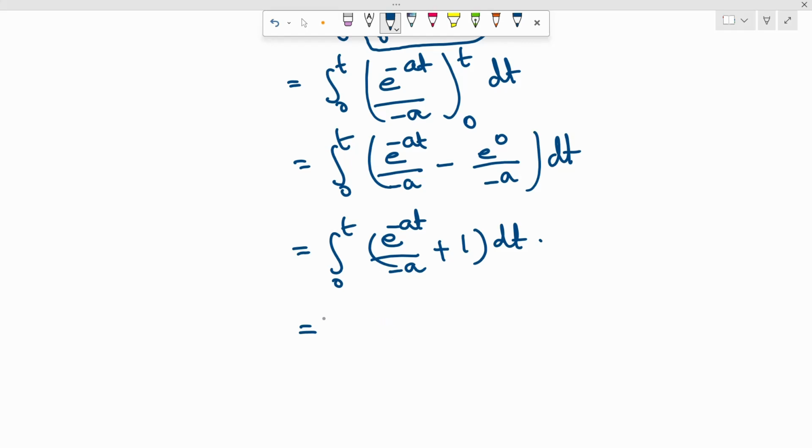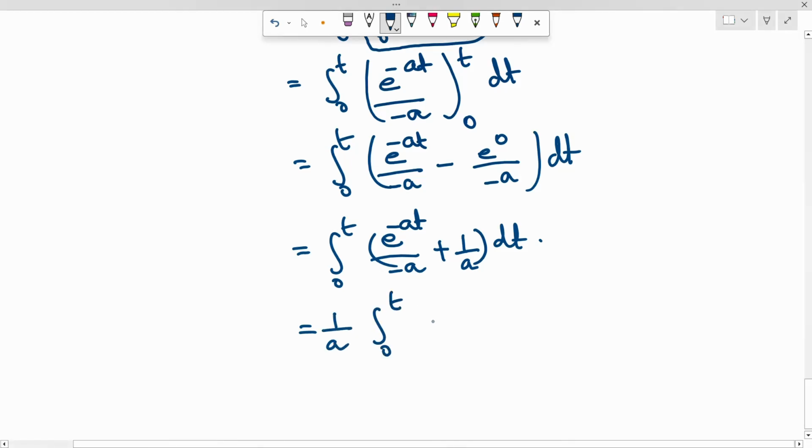Now integrate with respect to t. From these two terms we can take 1 by a outside, because 1 by a is a constant.